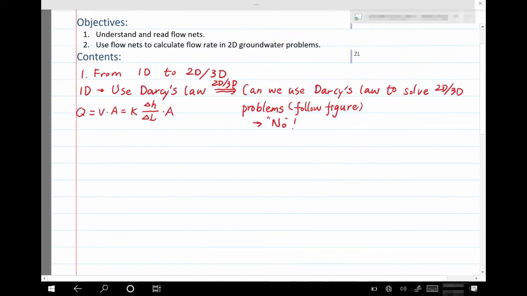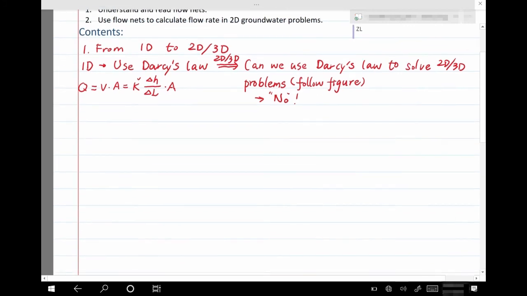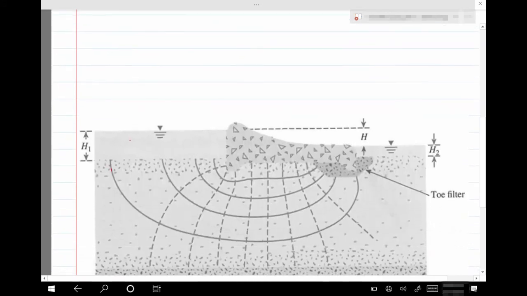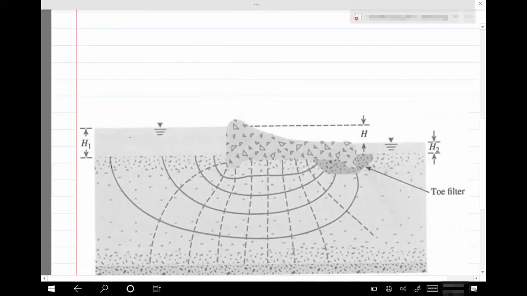For any 2D or 3D problem, as long as we know what type of soil we have, we know K. And for delta H, in many cases, we can actually figure out what delta H is. We can use this example to explain it. For example, water moves from the left-hand side, from here to here, and this is the dam.